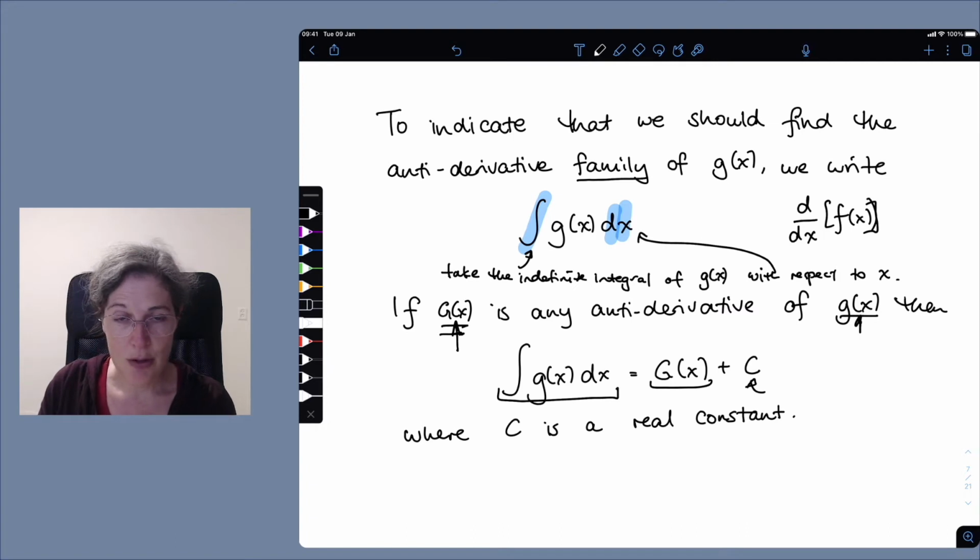And that's where the whole family thing comes in, because c can be anything. So big G of x plus any constant is going to give you an indefinite integral of little g of x. So we think of the indefinite integral as the whole family, all of them. Okay.